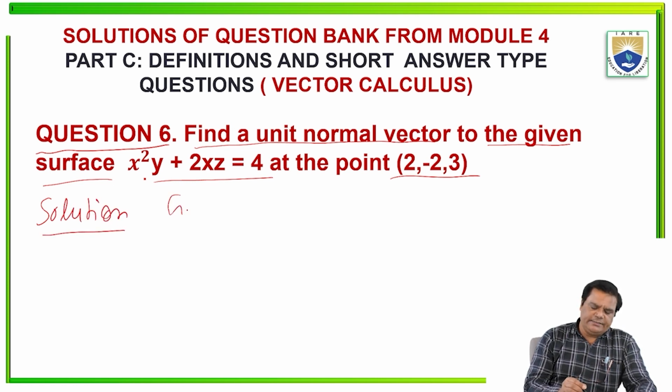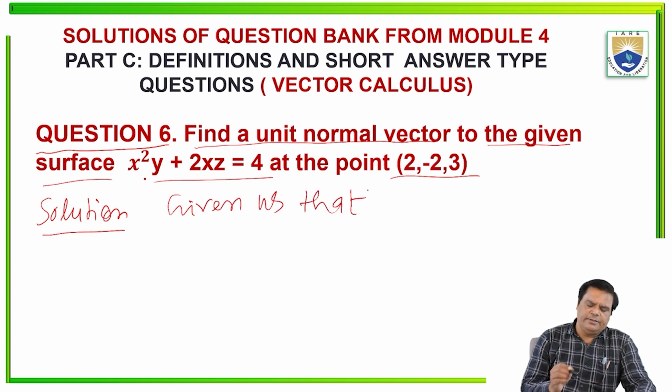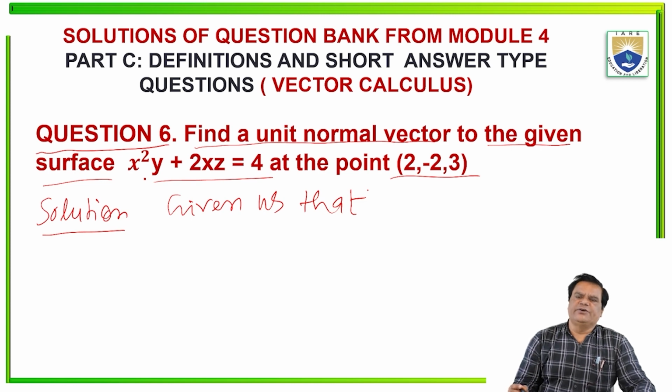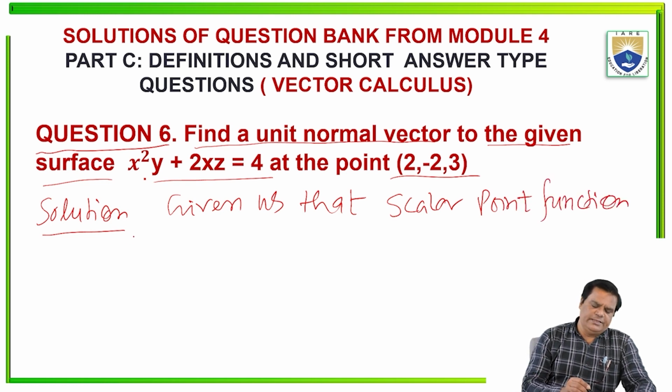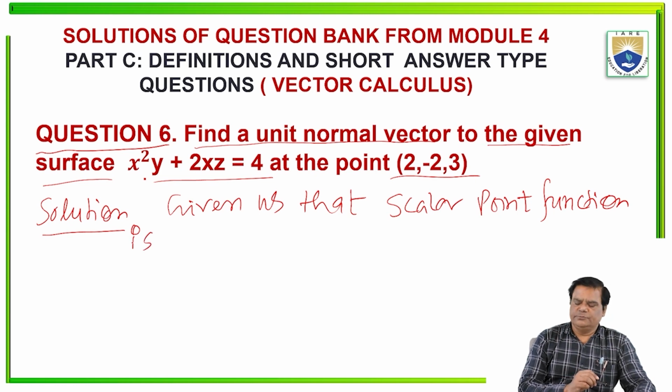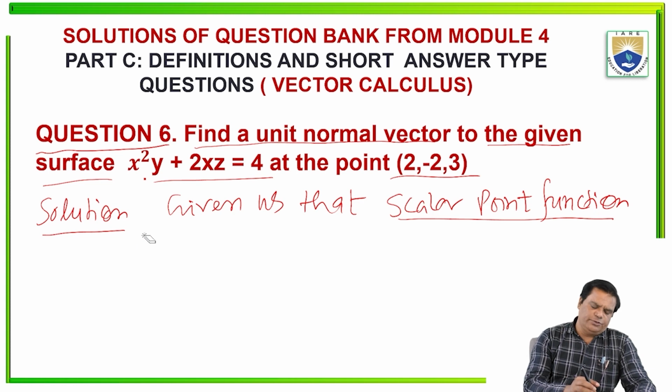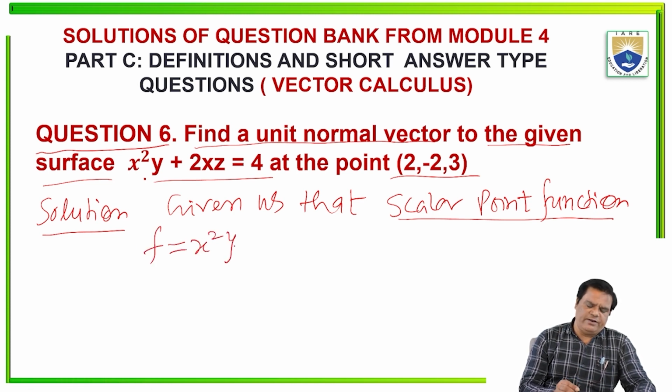Given to us is a scalar point function. The scalar point function f is given here: f is x square y plus 2xz minus 4.